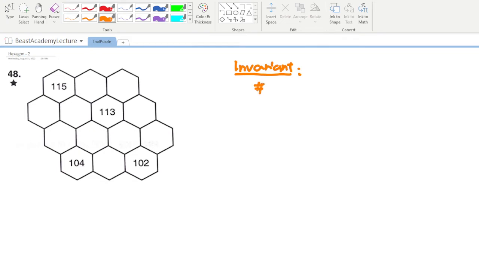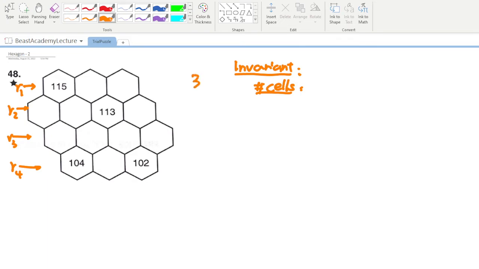Good. So how many cells do we have? How can we count the number of cells here? We can divide into rows: R1, R2, R3, R4. How many cells in R1? 3.